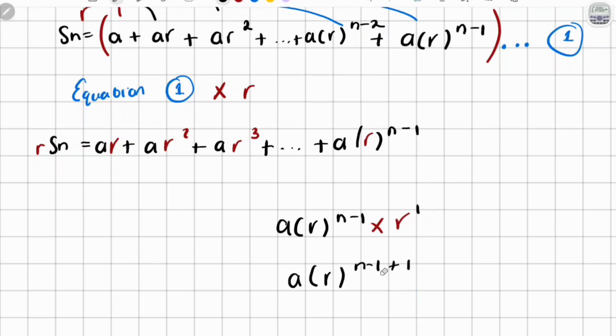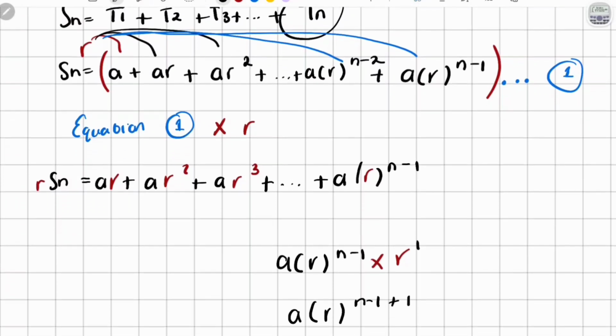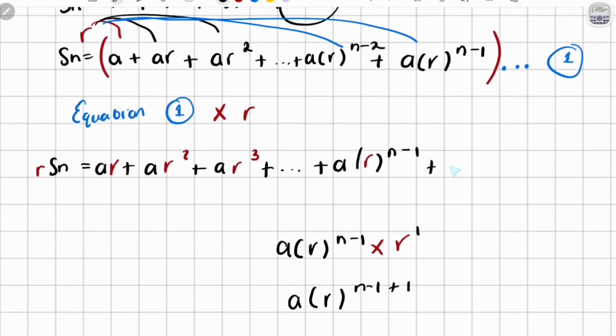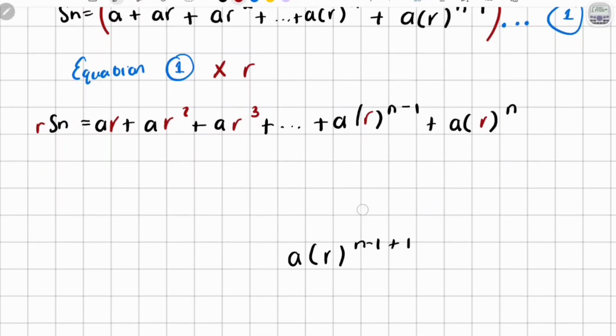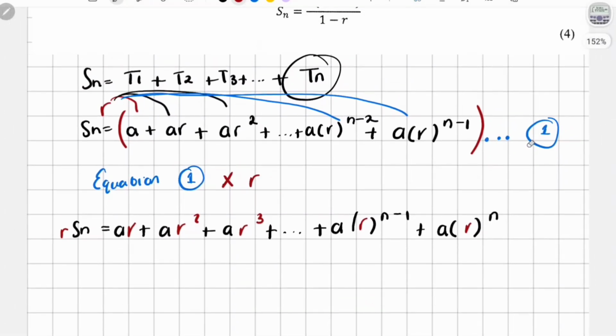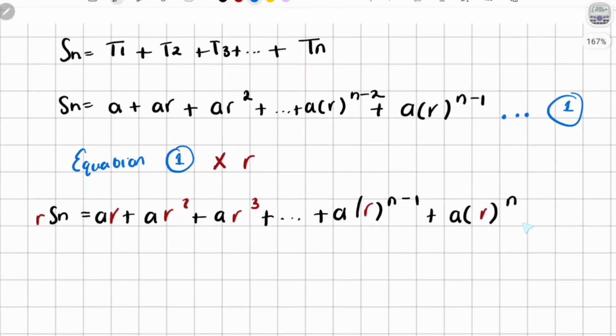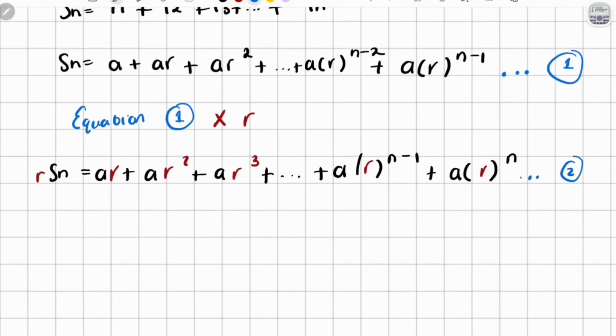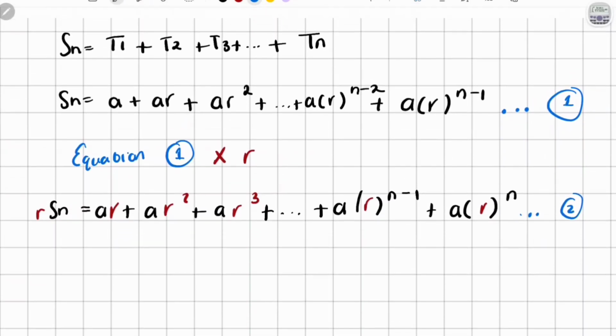Negative 1 plus 1 gives you 0. So what you have here is positive a times r raised to the power of n. Let me write that r in red. Okay, so that's what we have when we multiply the first equation by r. I can go ahead and call this equation number 2.